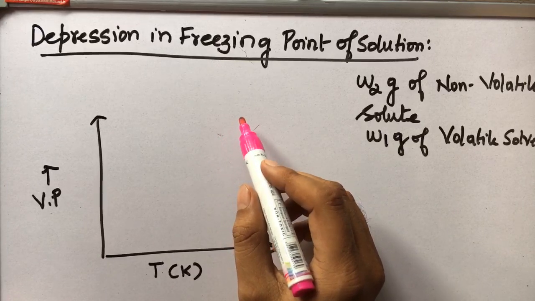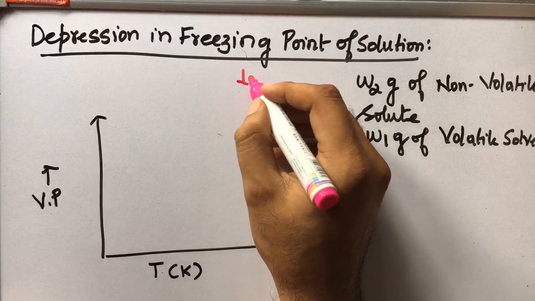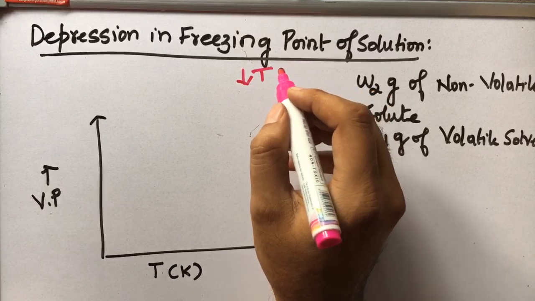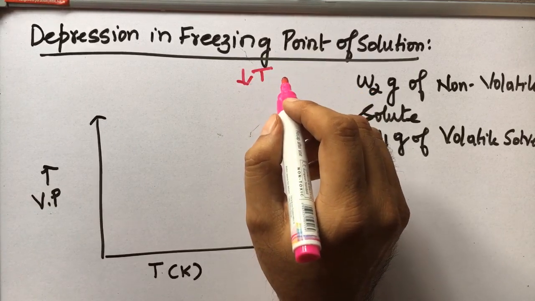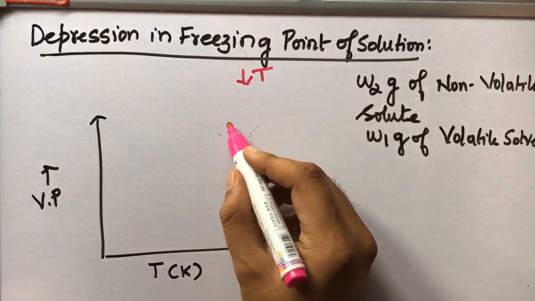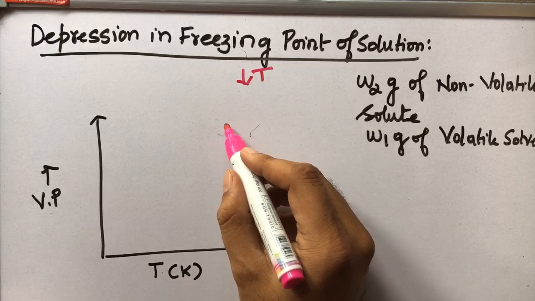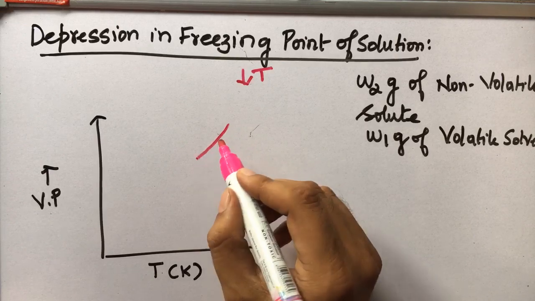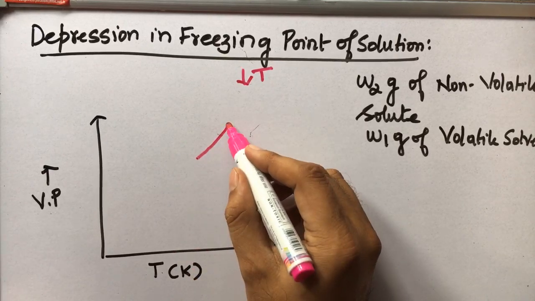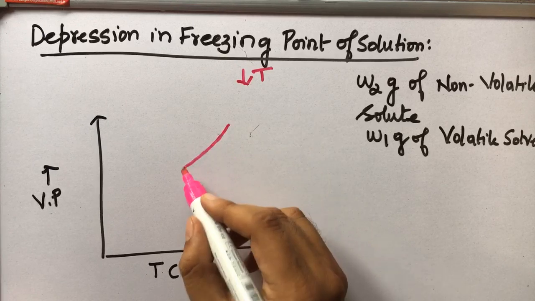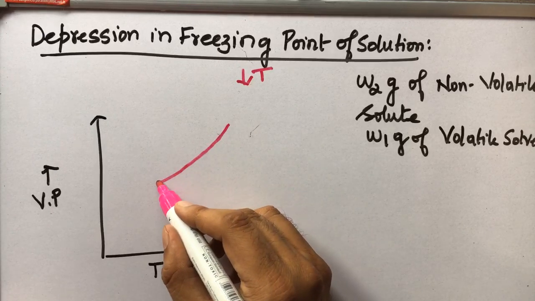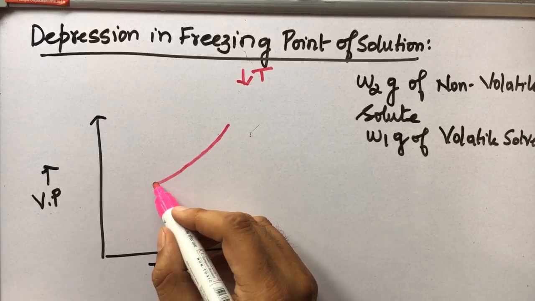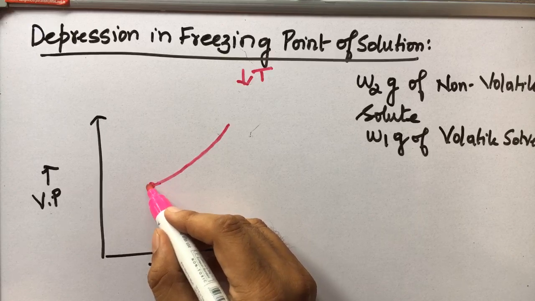Since we are studying about freezing, we are decreasing temperature so as to convert a liquid into a solid. So initially when the temperature is some Kelvin, here would be the vapor pressure. Slowly when you keep on decreasing the temperature, vapor pressure decreases since the kinetic energy of the molecule decreases, and at a particular temperature, let me say, it freezes, it becomes solid.